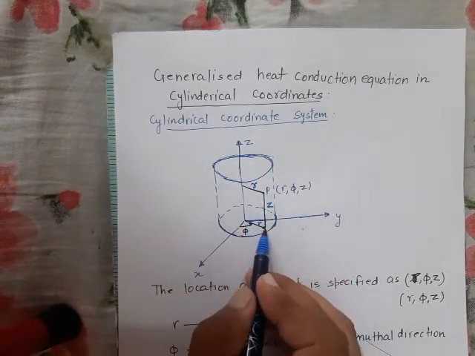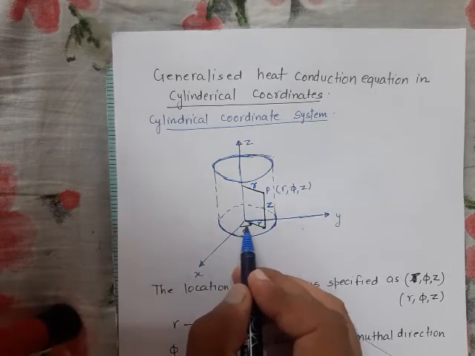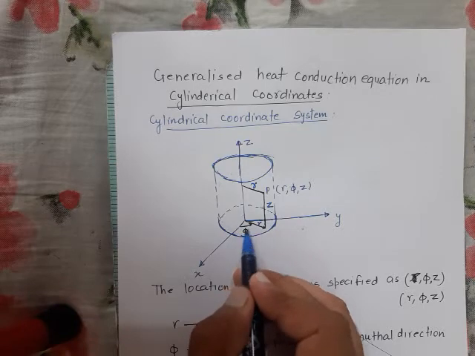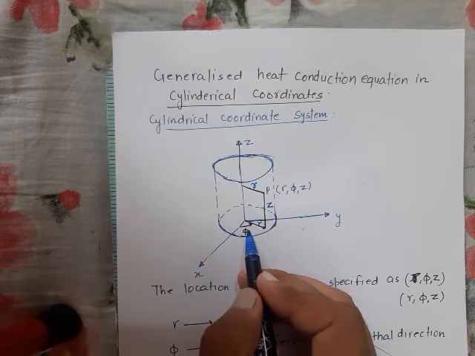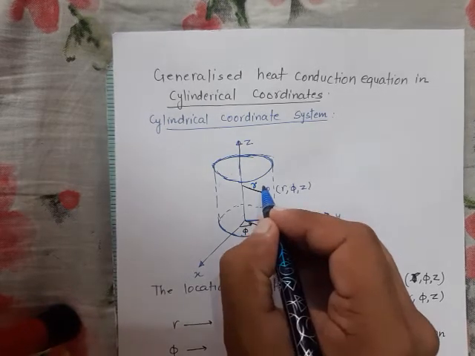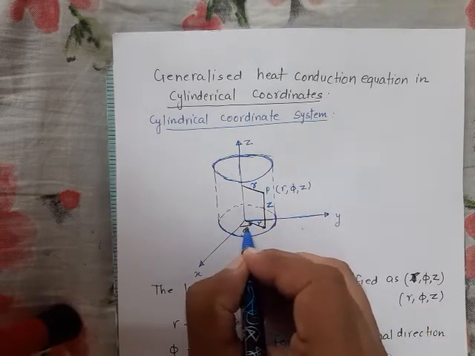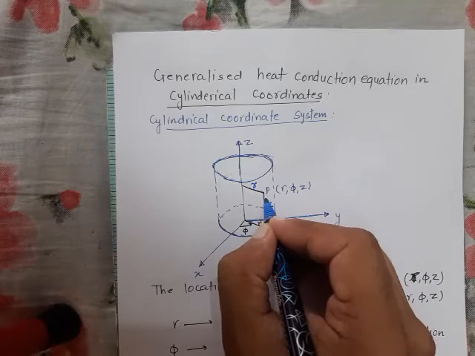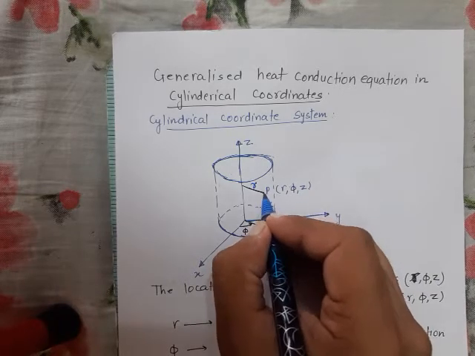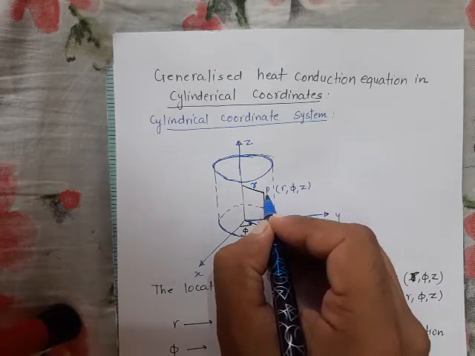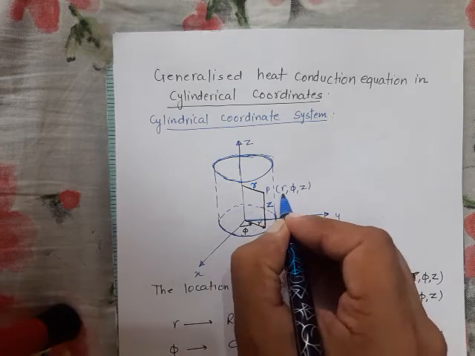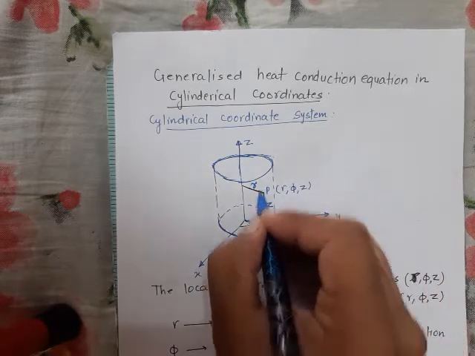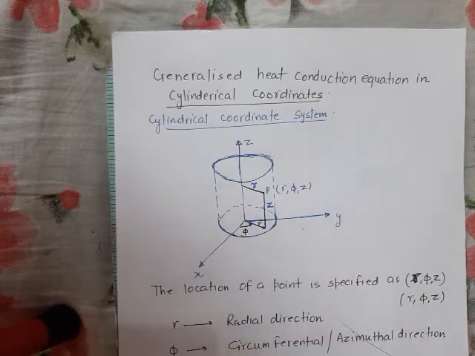Second, its angle in the base, phi, known as the azimuth angle. And third, its height from the base, at what height it is inside the cylinder, along the longitudinal axis z.